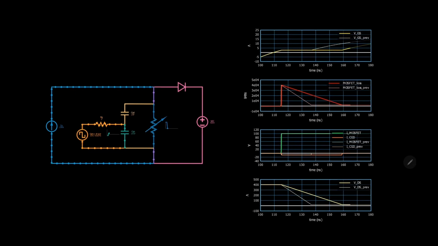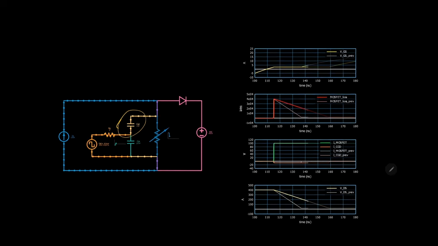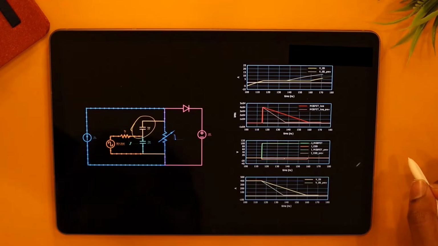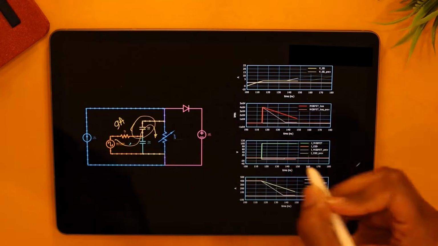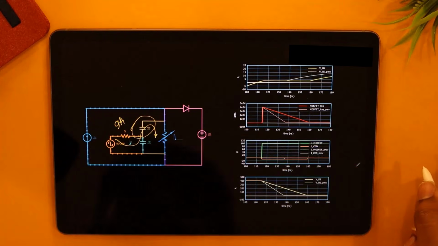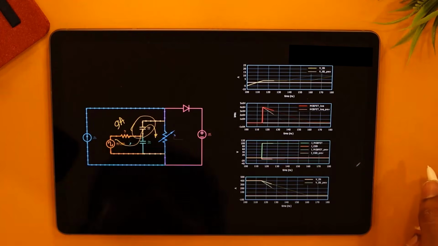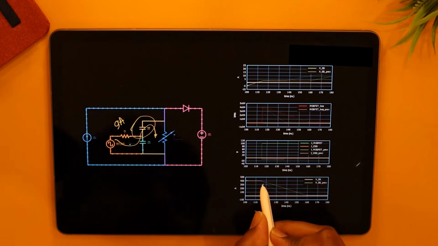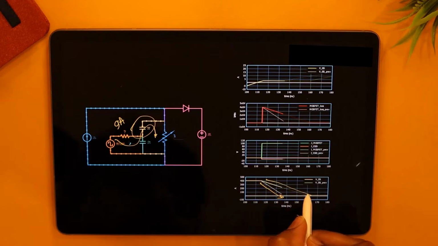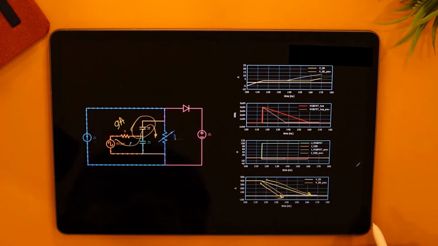So in this simulation, I have just changed that CGD value to 1 nanofarad. And as you can see, the current discharging the capacitor is the same 9 amps, but the capacitor value itself has doubled. So it's going to take twice the time to discharge. So instead of discharging in this time, now it is taking a long time for discharging fully.